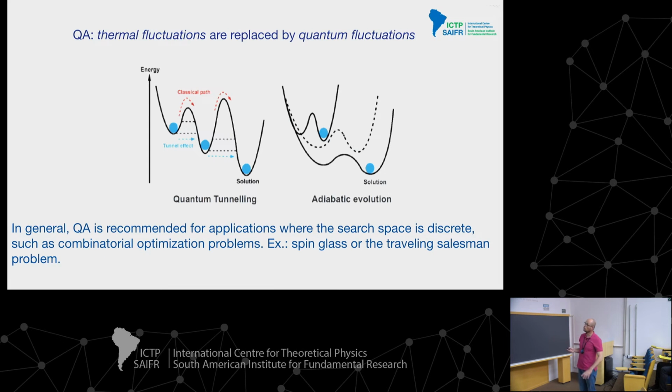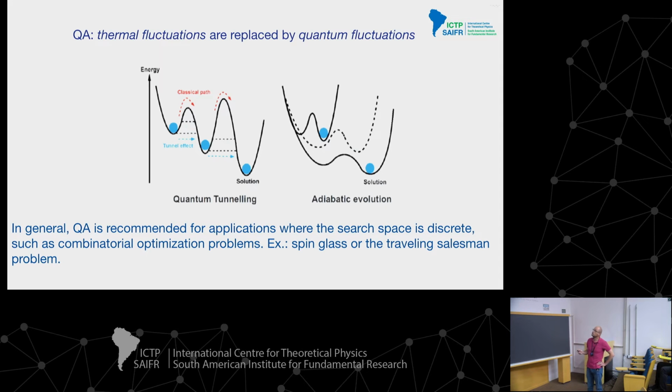Okay, so what's the idea of quantum annealing? The idea is to replace these thermal fluctuations by quantum fluctuations, okay? So instead of jumping the barriers, the idea is to tunnel through these barriers, right? That's the idea.